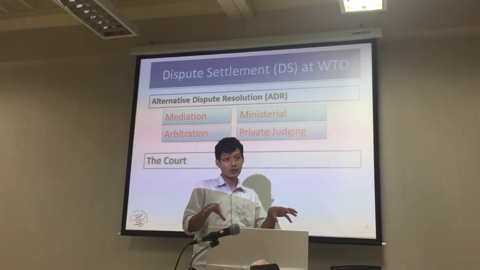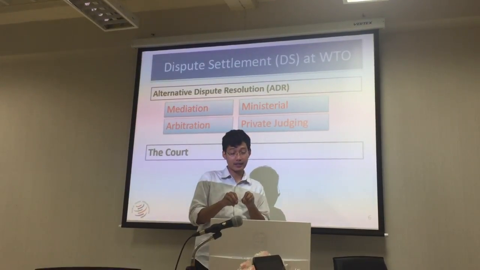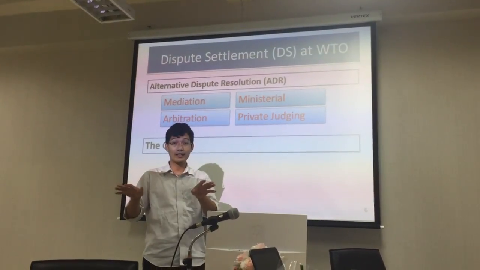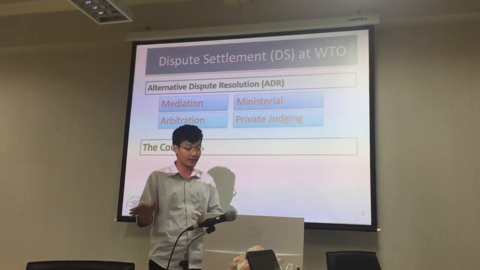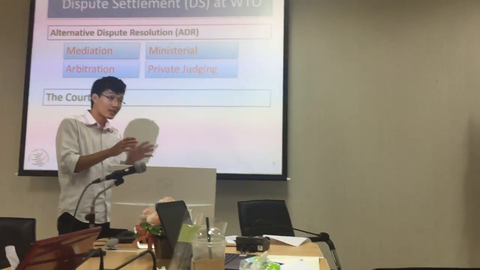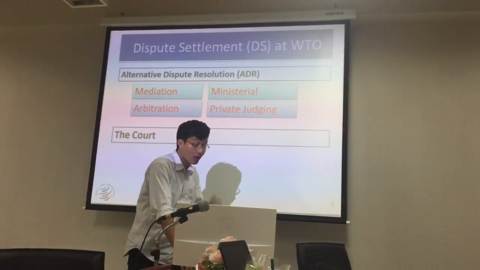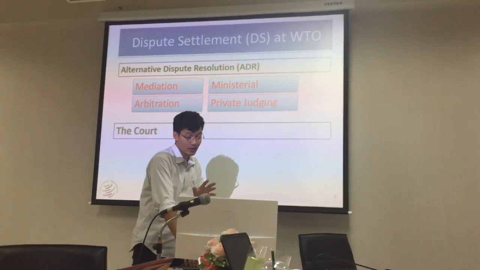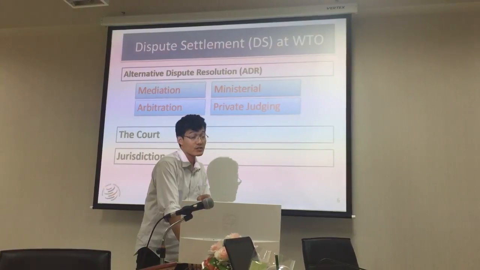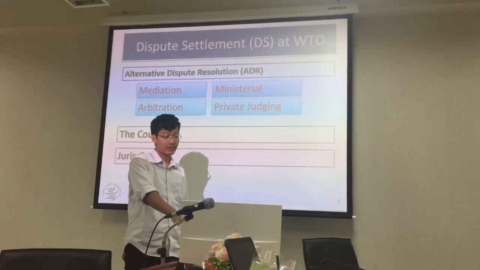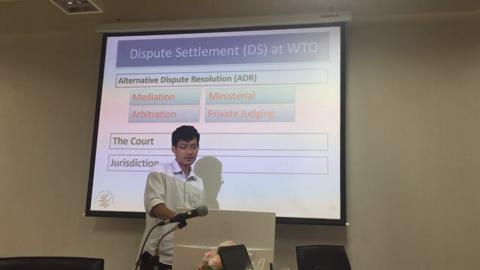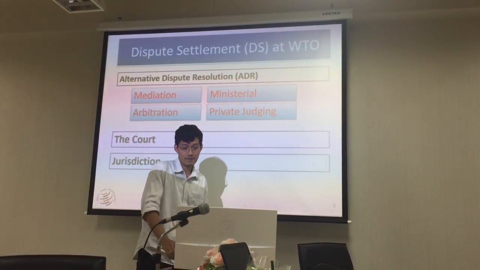When they have a conflict, they can negotiate with each other without using the court or the judge. If the problem cannot be solved, they move to the court. If the court cannot solve the problem again, they move to the jurisdiction. This is the general dispute settlement system in the world.